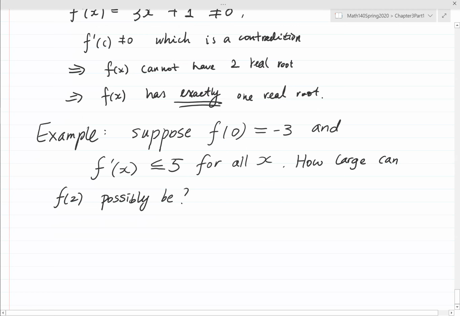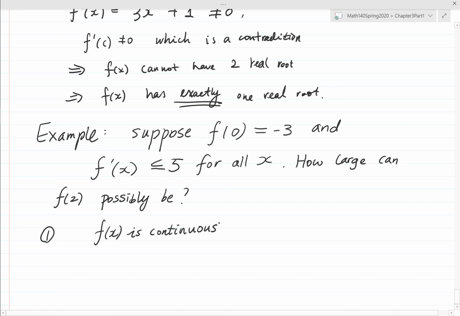So here we check that we can apply the mean value theorem to the function. First of all, we know f derivative is less than 5. This tells us that the derivative exists for every x, so f(x) is differentiable. First, f(x) is continuous because it's differentiable; differentiable implies continuous.